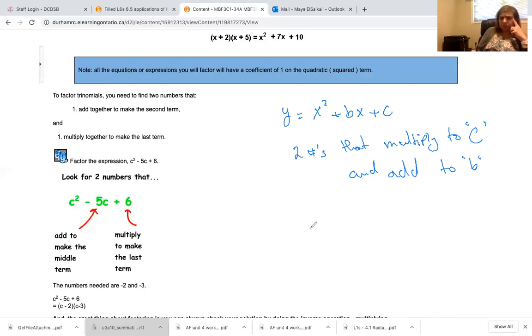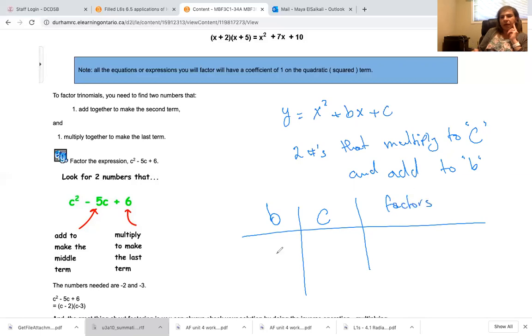Now, here's something that you probably want to write down as a side note for you. So what happens if b and c are positive? If b is positive and c is positive, then both factors are going to be positive.